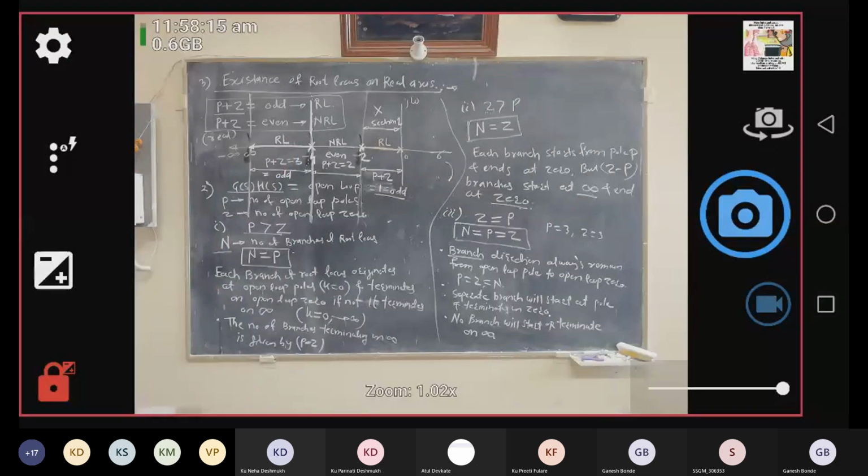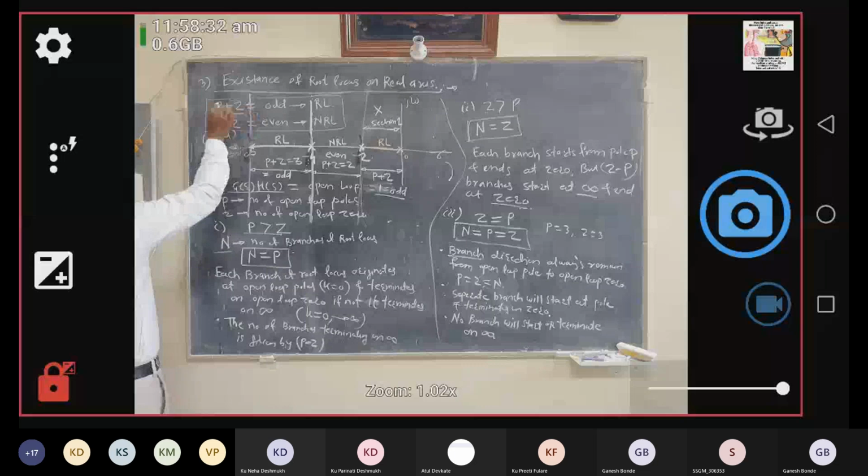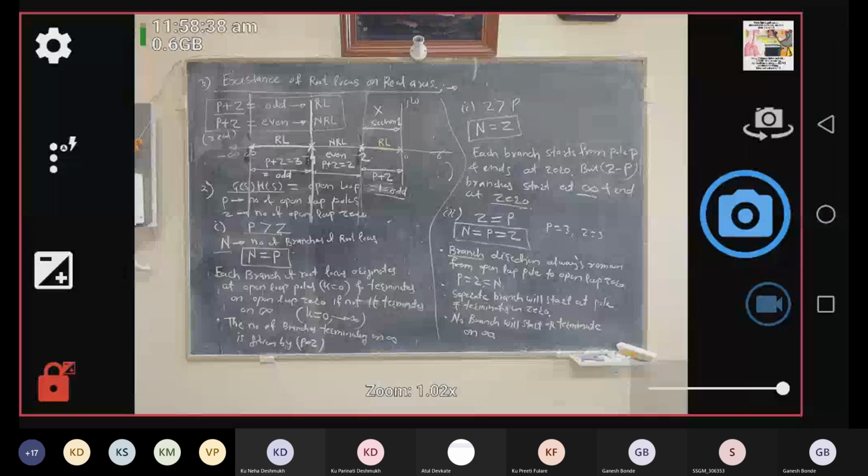Okay, so in this way you can find out the part of root locus and non-root locus along the real axis by dividing your real axis into different sections. Okay, and you have to apply this test P plus Z. So you have to count only poles and zeros along only real axis. Do not consider complex conjugate pair poles or complex conjugate pair of zeros.